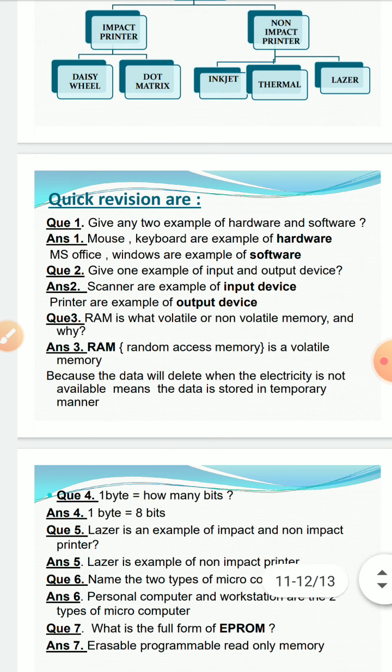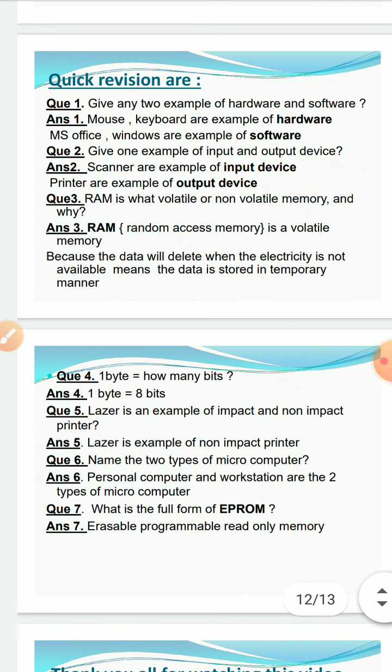RAM is what? Volatile or non-volatile, and why? RAM, random access memory, is a volatile memory because the data will be deleted when the electricity is not available, or in other words the data is stored in a temporary manner. 1 byte is equal to how many bits? 1 byte is equal to 8 bits.